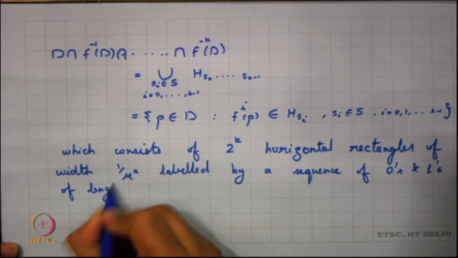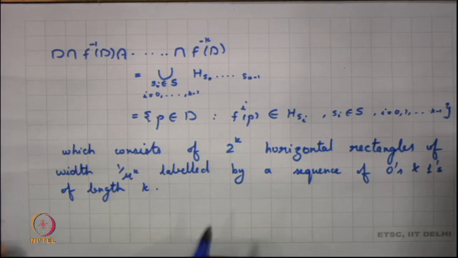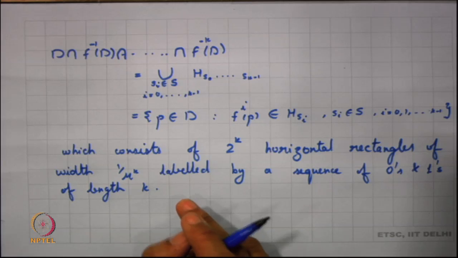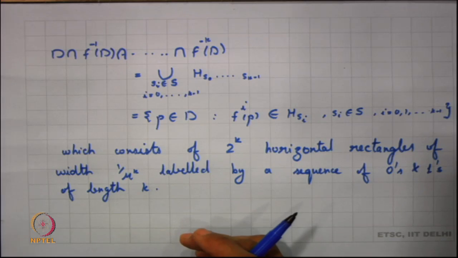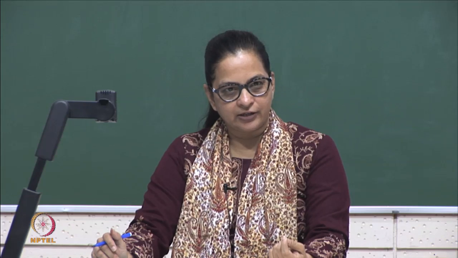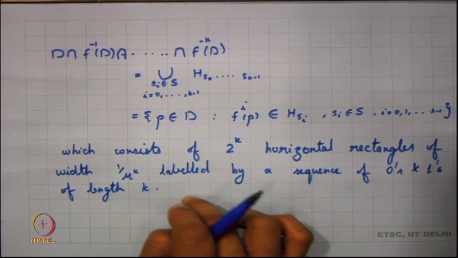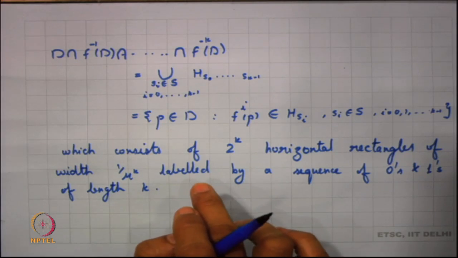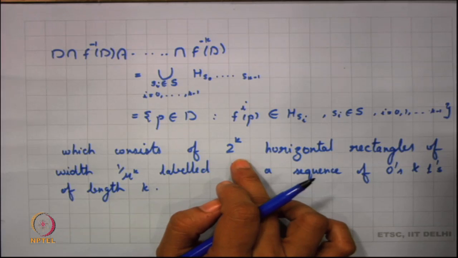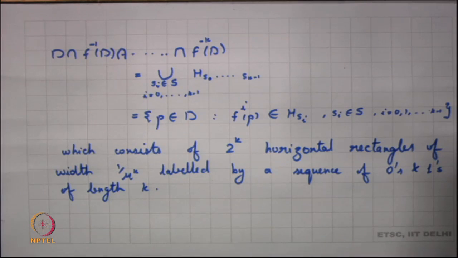So, I am taking a sequence of length k of zeros and ones, and I find how many, because I am taking 0 1 again. How many sequences of length k do I get? I get again 2 to the power k sequences. So, we have a unique association of a sequence of length k with each of the horizontal rectangles.